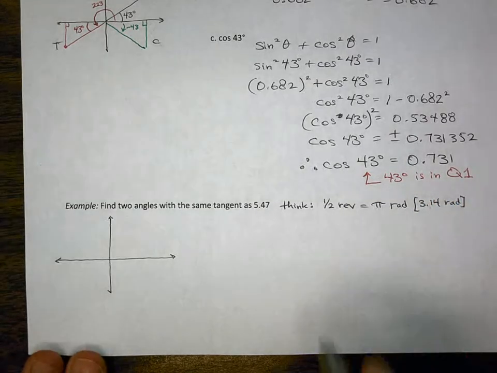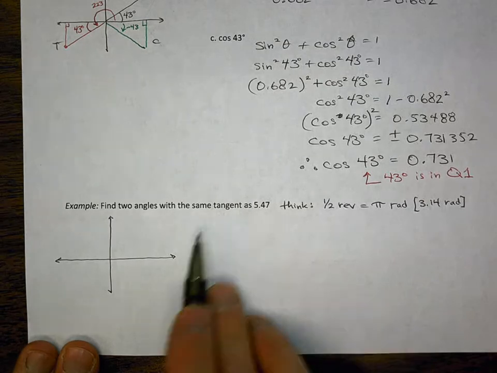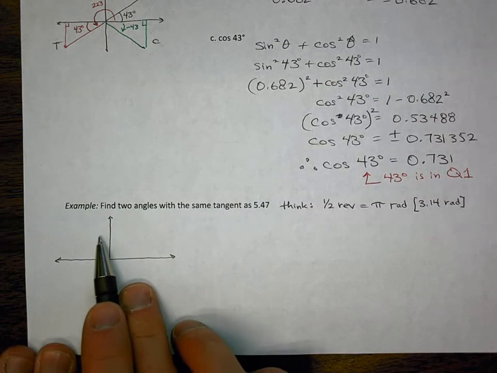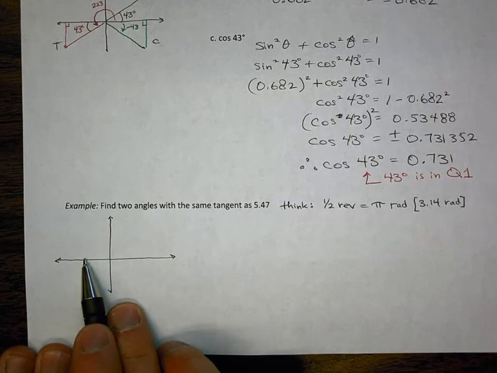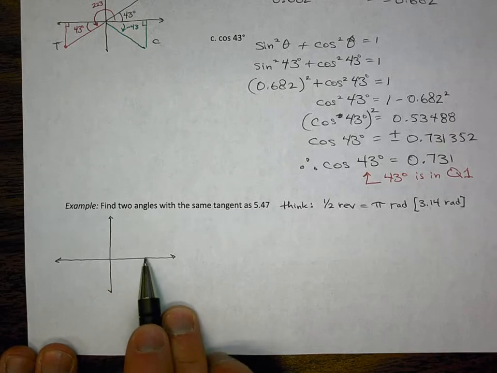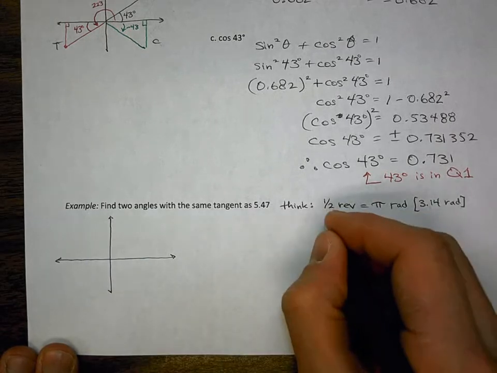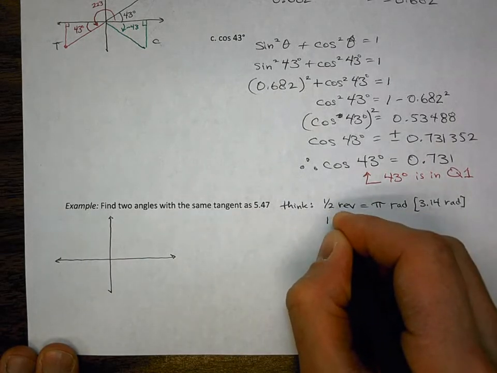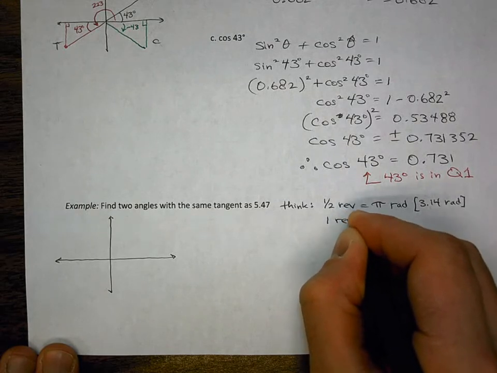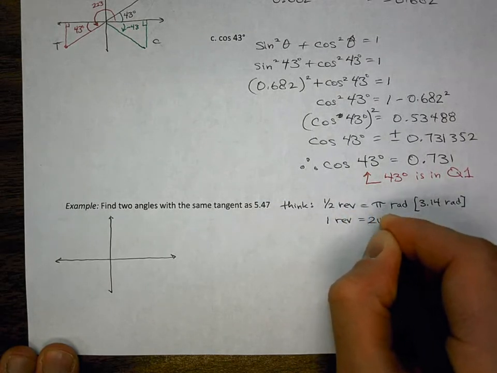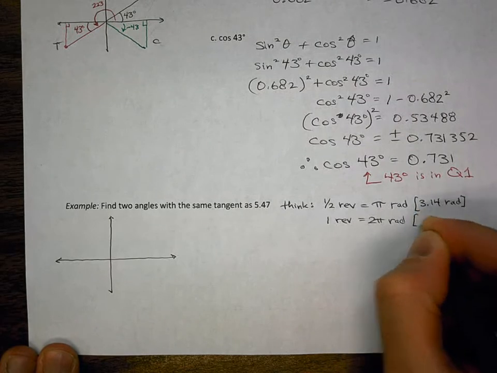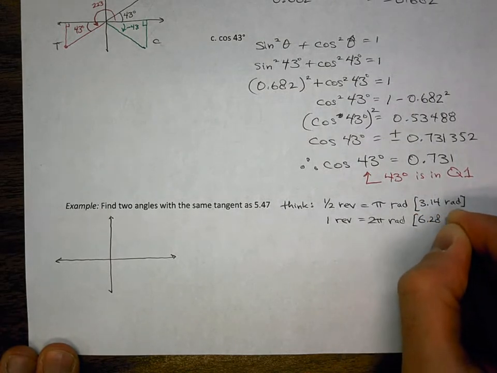This is a good way of helping us understand radians. If I go all the way around a full circle, that's 2 pi radians, which is 2 times pi, which is 6.28 rads.